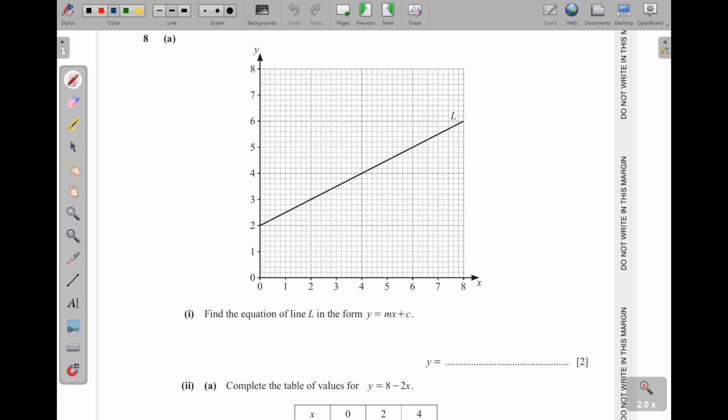Question 8. Find the equation of line L in the form y is equal to mx plus c. So c here is the y-intercept. This is the y-intercept where the line crosses the y-axis. And for this case, c is equal to 2. Then this one here is the gradient, the change in y over the change in x.